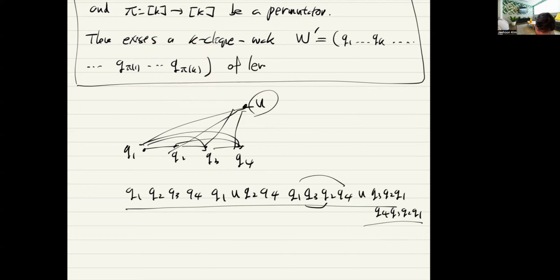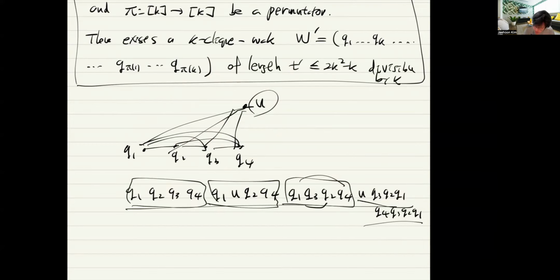Of length, say, T prime, at most 2K squared minus K, which is divisible by K. So you see that every time you do this, you use K of them, so the final length is divisible by K. Technically, this part is not needed.